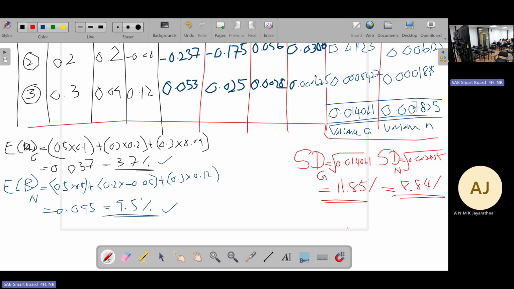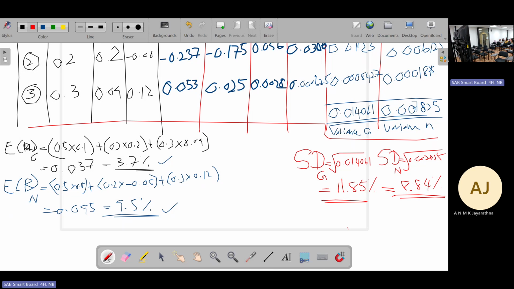Okay, that's good. Risk of the portfolio 10.41.